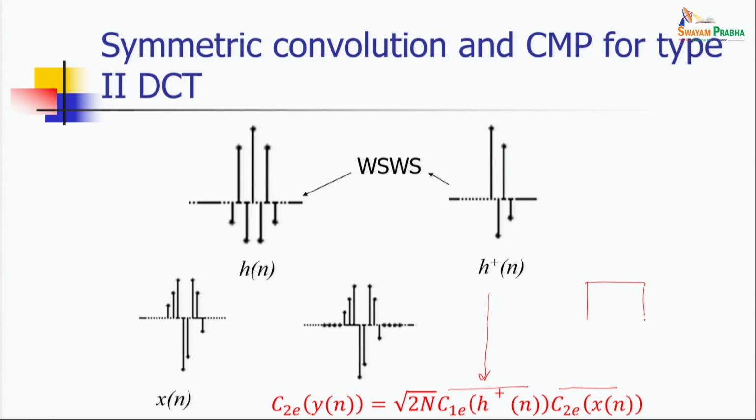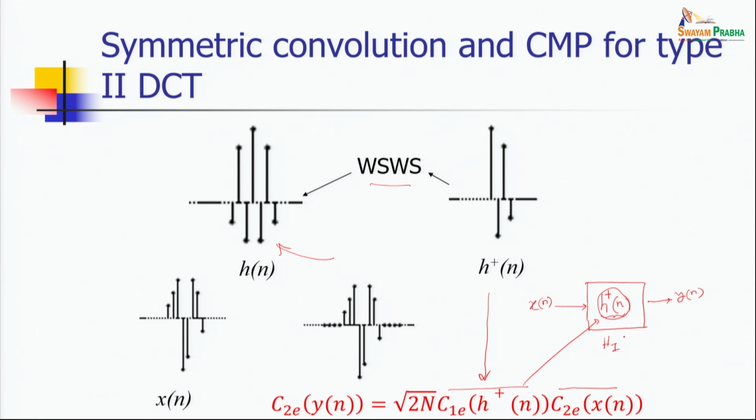So I can design the filter in such a way that it is symmetric in nature, and whose half response would be such that if I make the whole symmetry extension, I will get the respective filter response. And then if I give you a sequence x[n], I will get y[n]. So I will pre-compute only the type 1 DCT of h+[n].